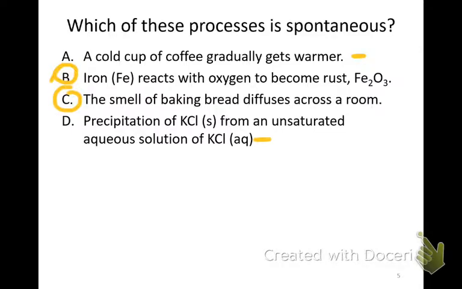That's a thing to think about. Another important feature here is that things like rust that are slow reactions can still be spontaneous. So spontaneous does not mean the same thing as instantaneous. It doesn't mean fast. It means that it proceeds in that direction to get to equilibrium.